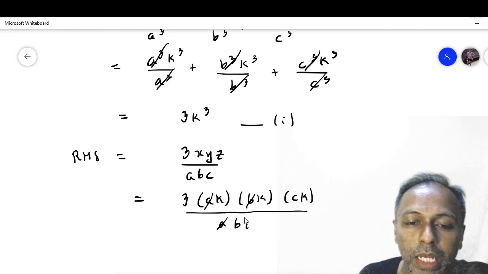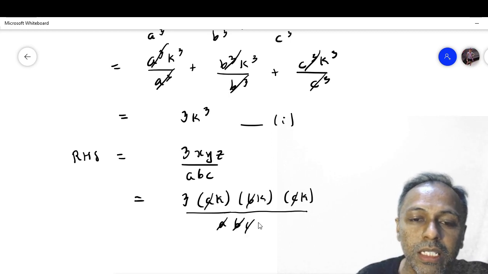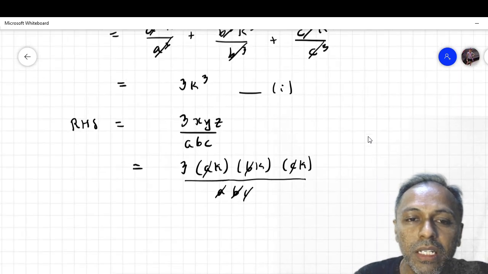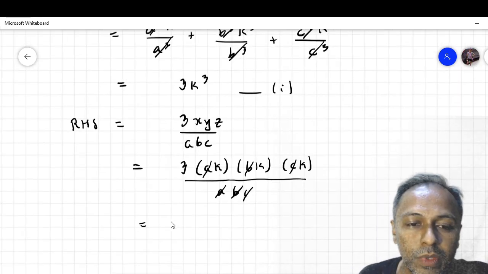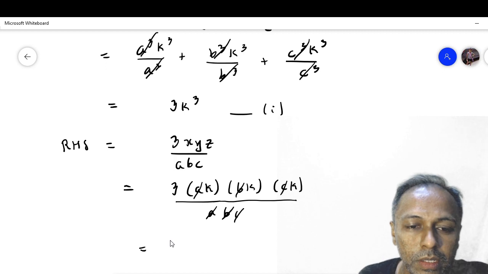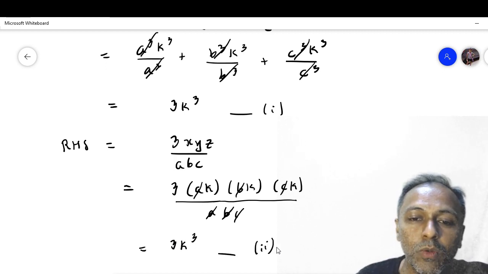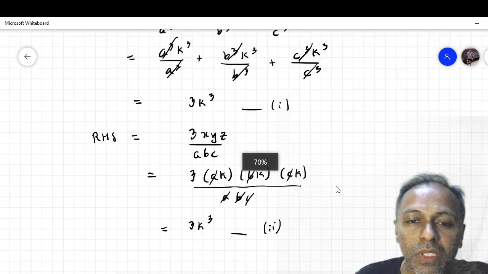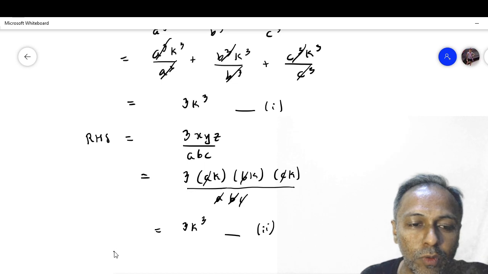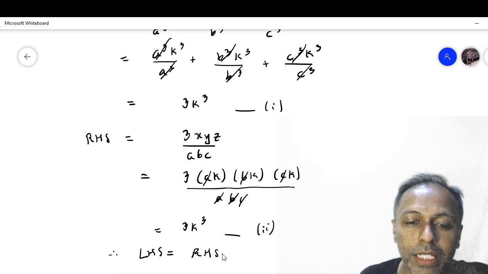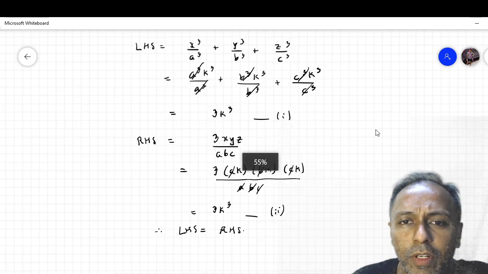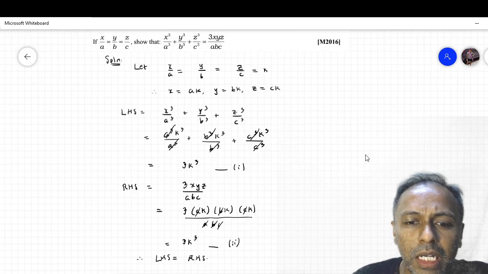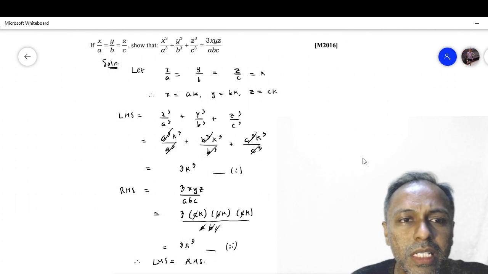So we can cancel out a, b and c terms, and this gives you 3k cube again. And now from 1 and 2, therefore we get left hand side is equal to right hand side. So these level of problems are manageable.